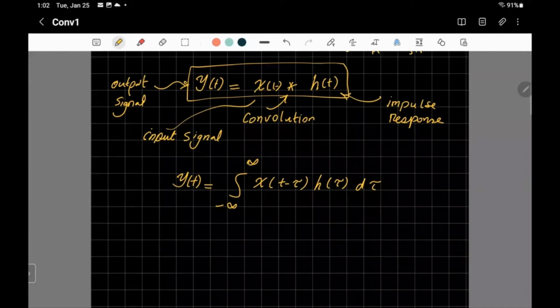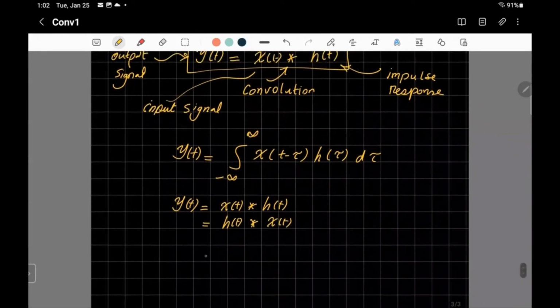So we're integrating with respect to tau, that's the dummy variable, and t will be constant. We can do it in a different way, because y of t, as we said, is x convolved with h, and it's the same as h of t convolved with x. If you exchange them, you get the same result.